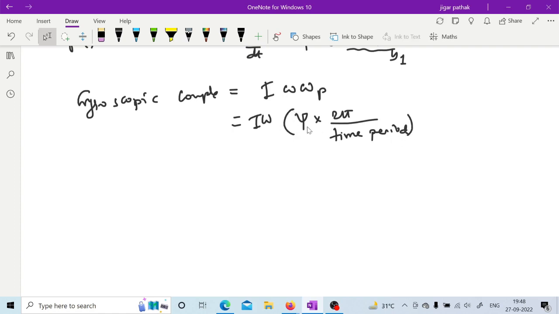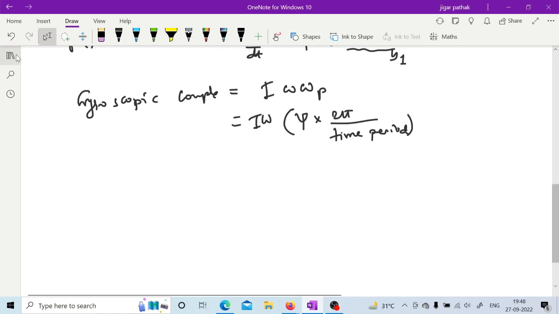This is how you can calculate the gyroscopic couple in this particular case, right? You can calculate angular acceleration also, and maximum angular acceleration also, as you have calculated angular velocity on the upper side. And finally, rolling we have already discussed: there is no gyroscopic effect in rolling.